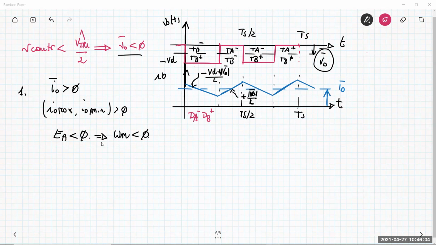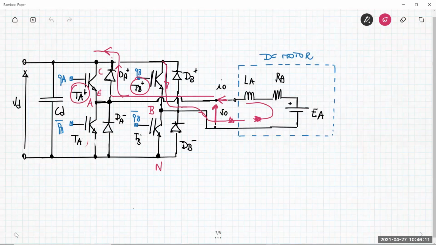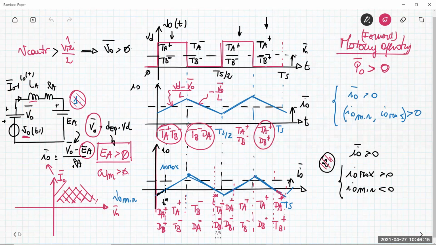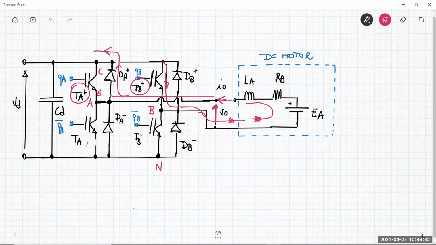Exactly, because you have to consider always, let's say, these equivalent circuits for getting the average quantity. There is one in which you have just the DC contribution. So the current can go in one direction or the opposite direction, depending on the value of these two batteries, and that provides exactly this behavior.